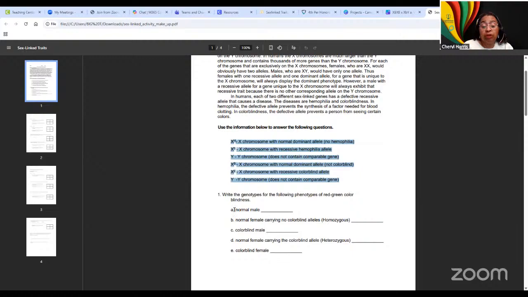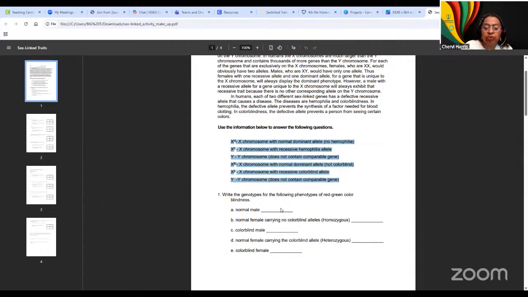All right, so a normal male will be X with a capital B, and Y. It says write the genotypes and the phenotypes for color blindness. Okay, color blindness. We're going to use B. So you're going to have an X with a capital B and a Y with nothing on it. And you need to write this because I can't write on the thing.